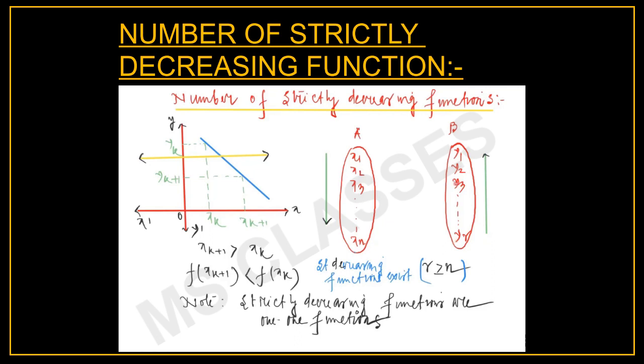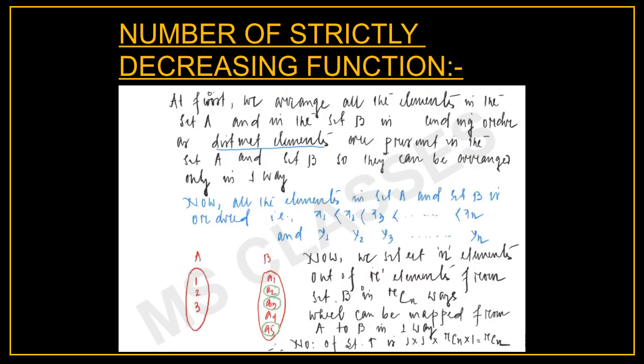Once they are arranged one way each, after that, if I take n elements, in how many ways? rCn ways, then each element can be mapped in how many ways? In one way only. Suppose I select 3 elements.